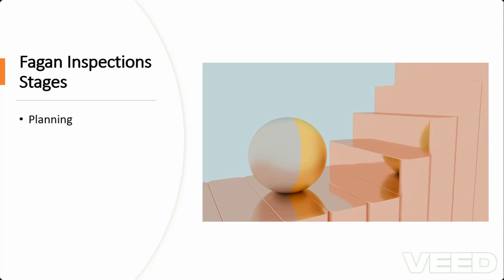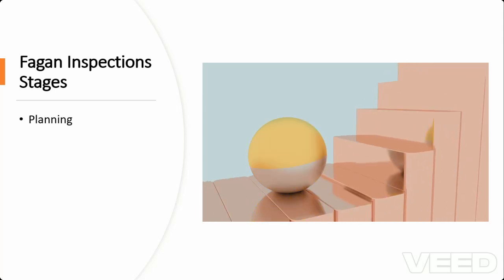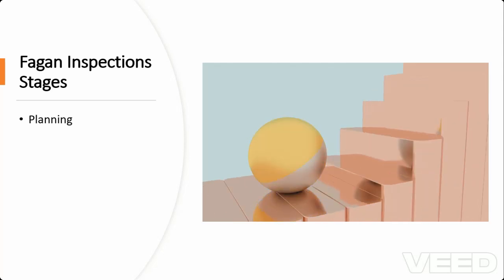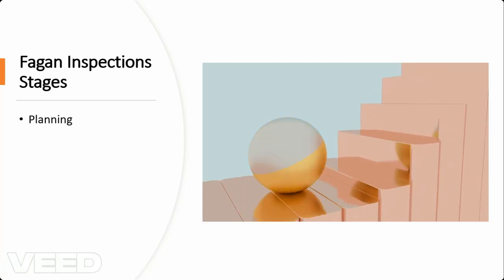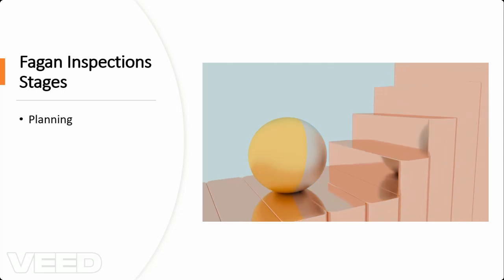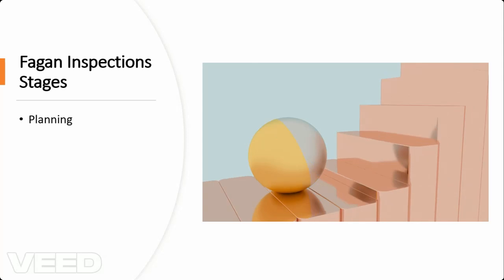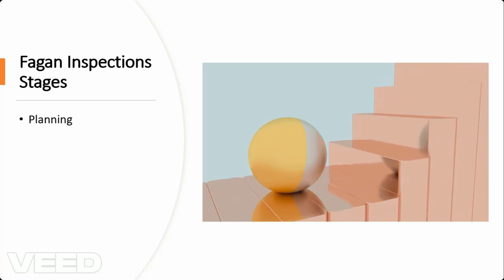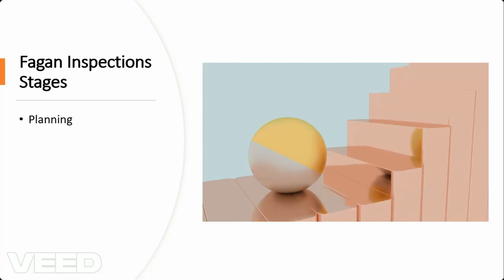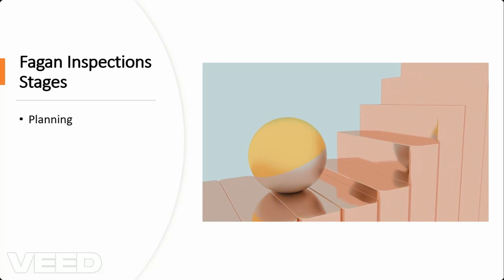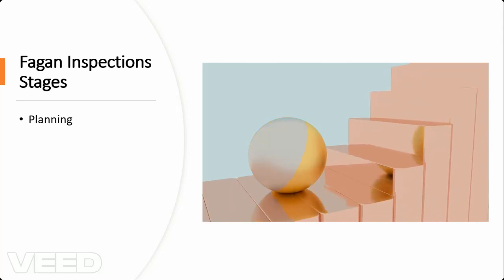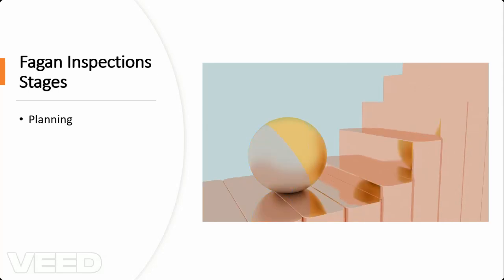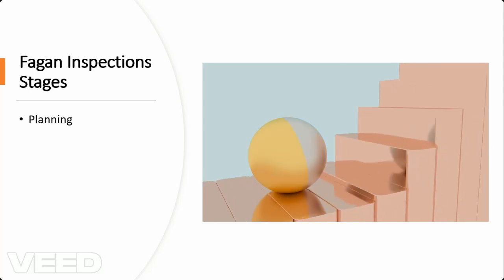Those are 4 distinct roles with the moderator. We have the moderator, the inspector, the reader, and the scribe, who will take note as the inspection is ongoing. And then they will also, ladies and gentlemen, document when the date of the inspection will be, how long it will run, and the purpose or the objective of the meeting. That is part of the planning stage.